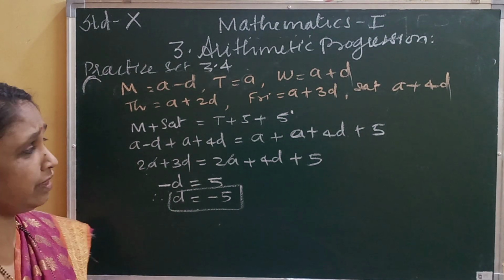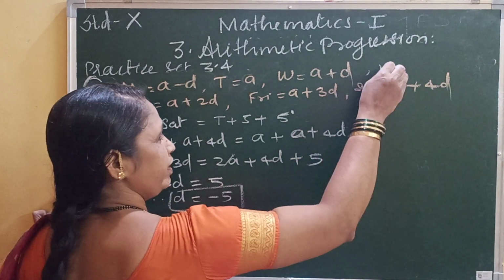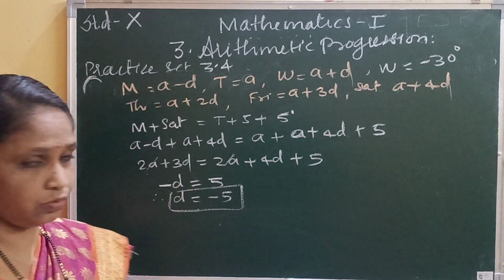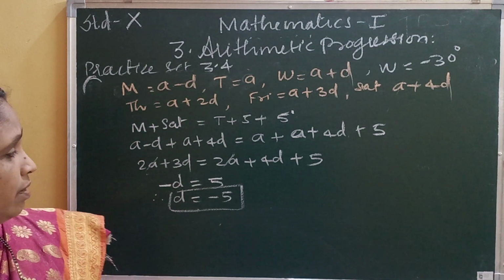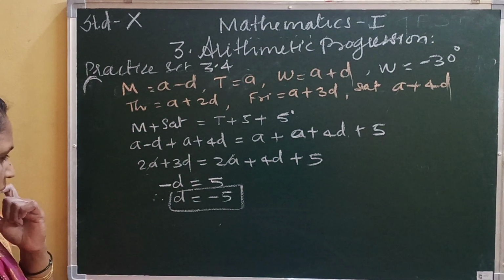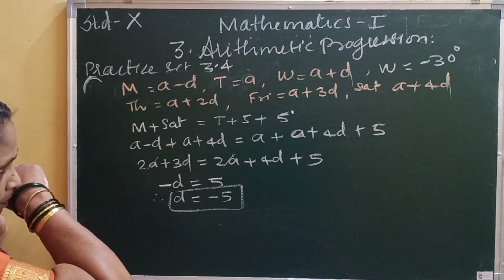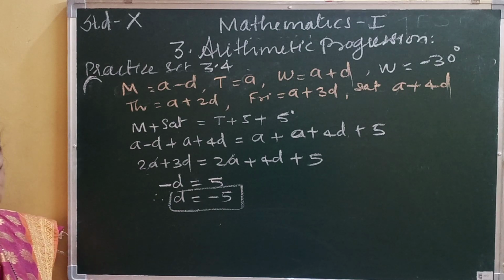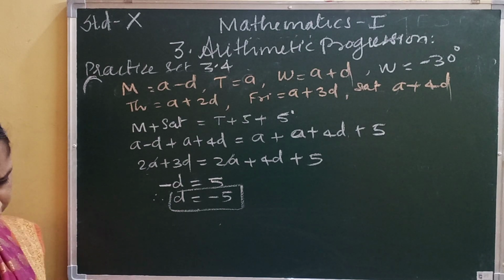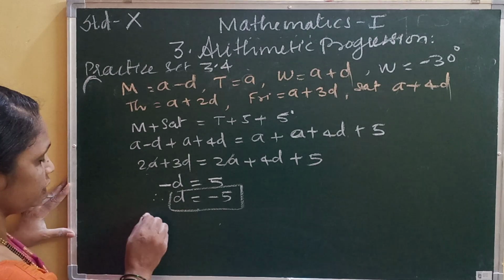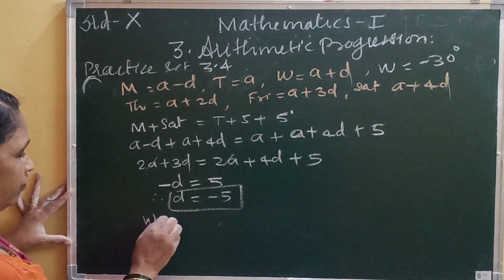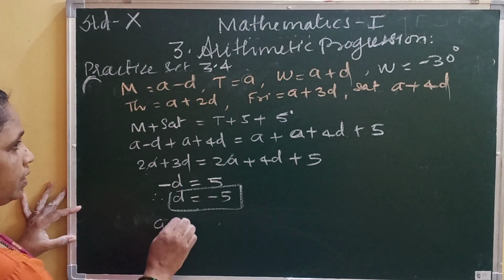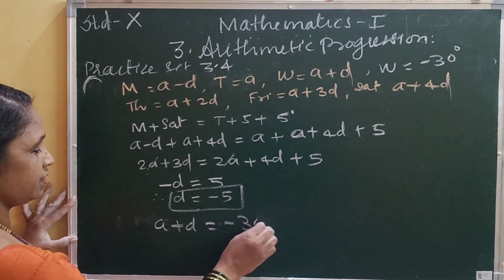And it is given Wednesday's temperature is minus 30 degree Celsius. Now Wednesday's temperature is A plus D is equal to minus 30 degree.